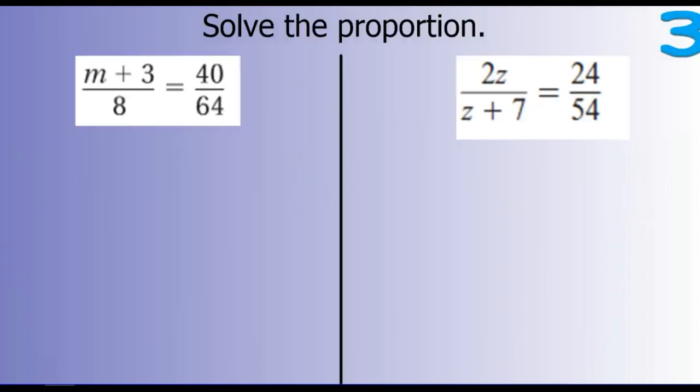Okay, we're going to try a couple more of these. So m plus 3 times 64. So 64 times m plus 3 equals 8 times 40.